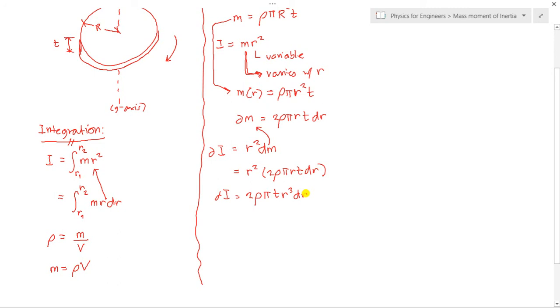Okay, then we apply integration. For our integration we need limits of integration. Where does it start?